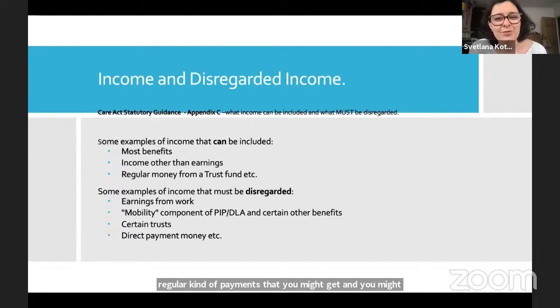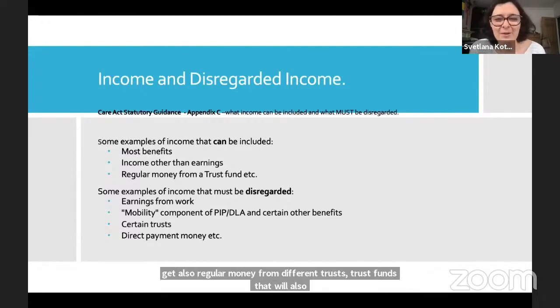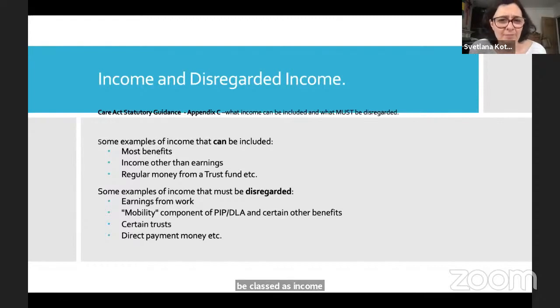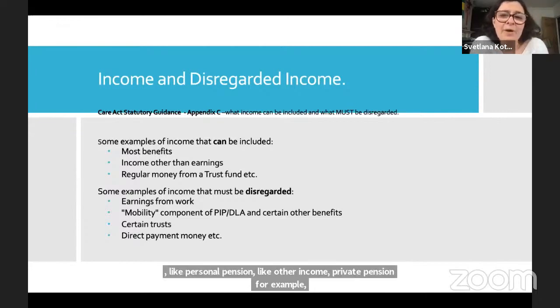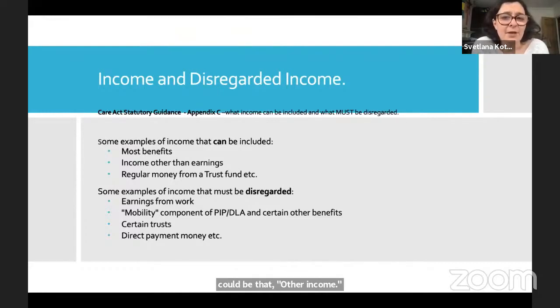A private pension, for example, could be that other income. But some income must be disregarded. This is earnings, from paid employment and self-employment. It's the mobility component of Personal Independence Payment or Disability Living Allowance, and some other benefits.